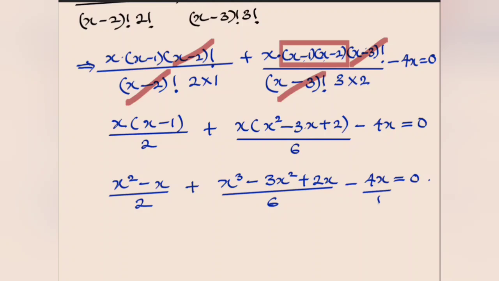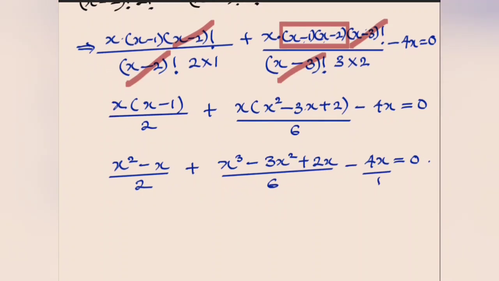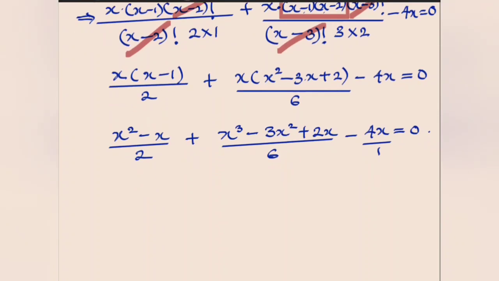You can say this one is over 1. Then since we have the denominators 2, 6 and 1, we can say this also is 0 over 1 as well. So let's use the LCM to clear the fraction, and the LCM here is 6, so let's multiply through by 6.